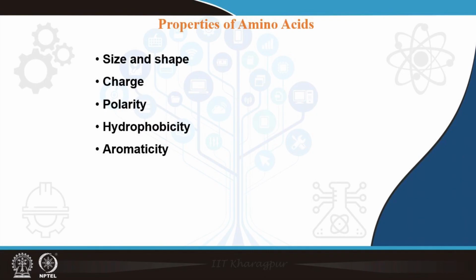Another one is the aromaticity. We find 3 amino acids that are aromatic in nature: phenylalanine, tryptophan and tyrosine. As I mentioned before in the last class, it is these three aromatic amino acids that contribute to the absorbance of proteins.